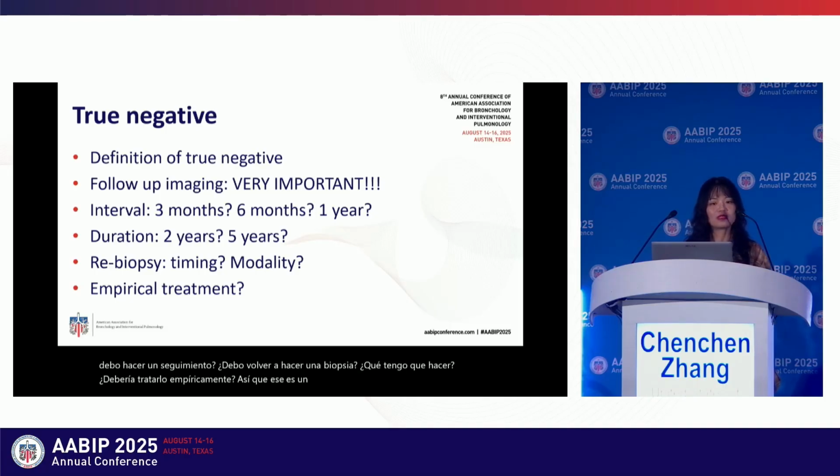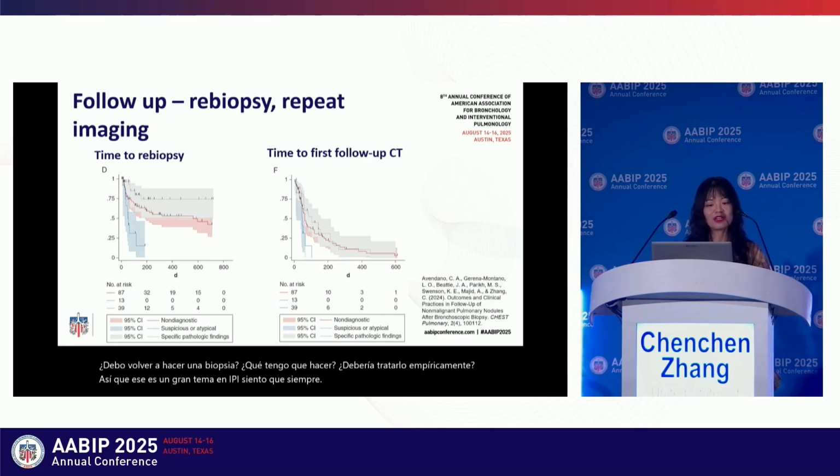I feel like we always kind of stumble in that subject. And this is actually a paper that I did, so you're welcome to read it. What I found was that when you have different specific pathology reports from the biopsy during your bronchoscopy, people tend to get a rebiopsy more often when they see language like atypical cells or suspicious cells.